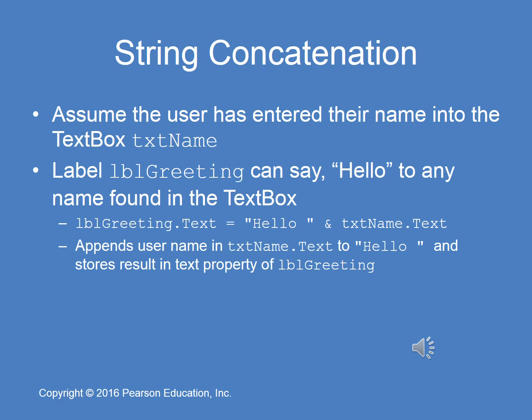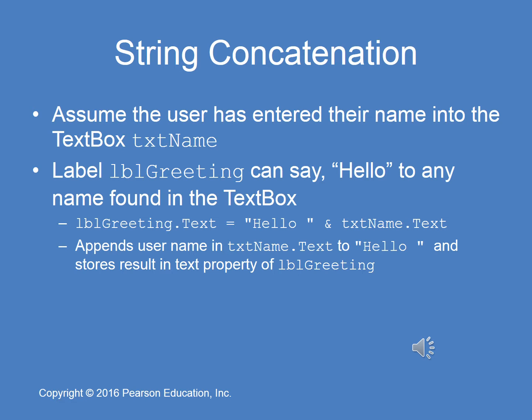So the way we do that is with an assignment statement, and we concatenate the string hello, and then we have a space. So capital H-E-L-L-O space is the string, and then the ampersand. And we add to that the string stored in text name.text.